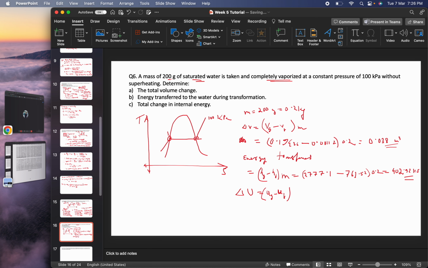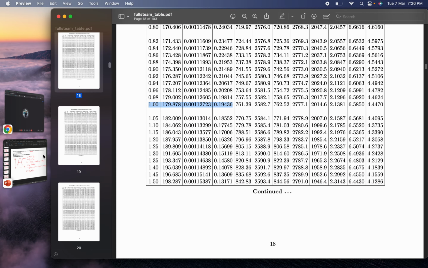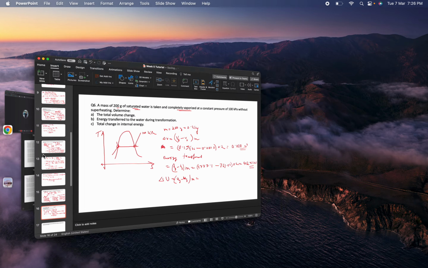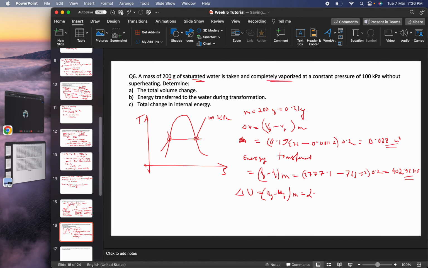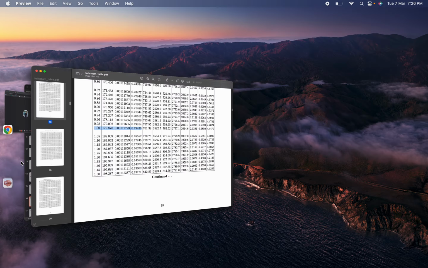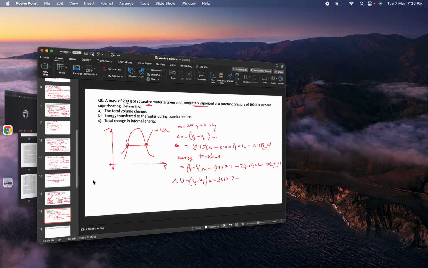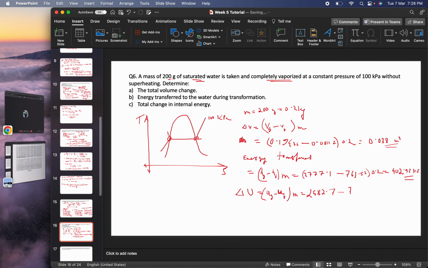into m. Okay, so Ug is 2582.7 minus 761.39 times 0.2.